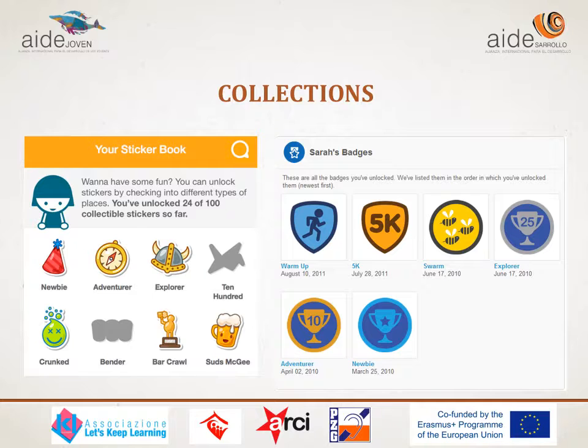But if you remember, we were talking about socializers and killers, and we were saying that some people would only feel comfortable if they have to interact with people they already know. This is what happened, and this is what led to this differentiation of Swarm and Foursquare.